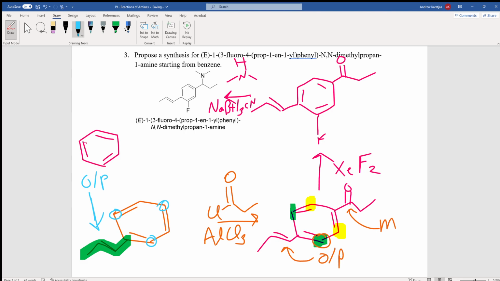So we're probably not going to get full para substitution, but there really isn't going to be a good way to do that, at least, especially not with the level of knowledge we have at this point in the course. So this is probably just one of those points where we say we're going to do this Friedel-Crafts reaction. We're probably going to get a mixture of ortho and para substitution, and we're just going to assume that at that point we can separate out the isomers and continue on our synthesis with the one that we want.